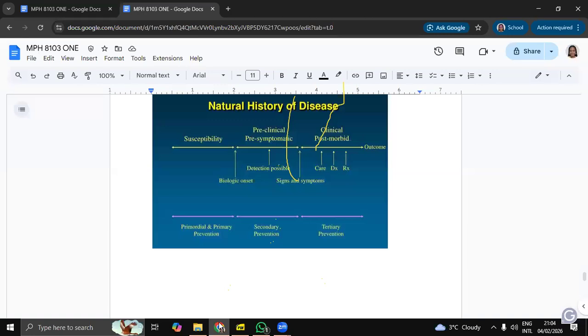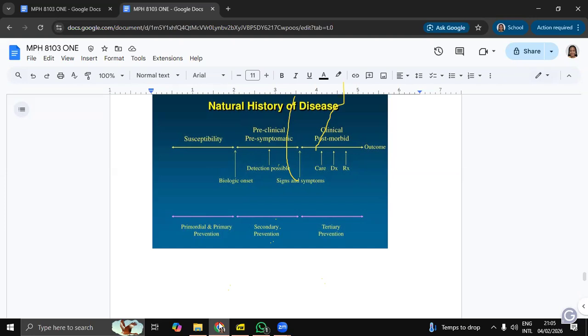So primary prevention is, we want to put things in place to ensure that people do not even come down with the disease. So the people we are targeting for primary prevention are those who don't have the disease yet. The other example there can be things like adding fluoridation of water to prevent dental caries.